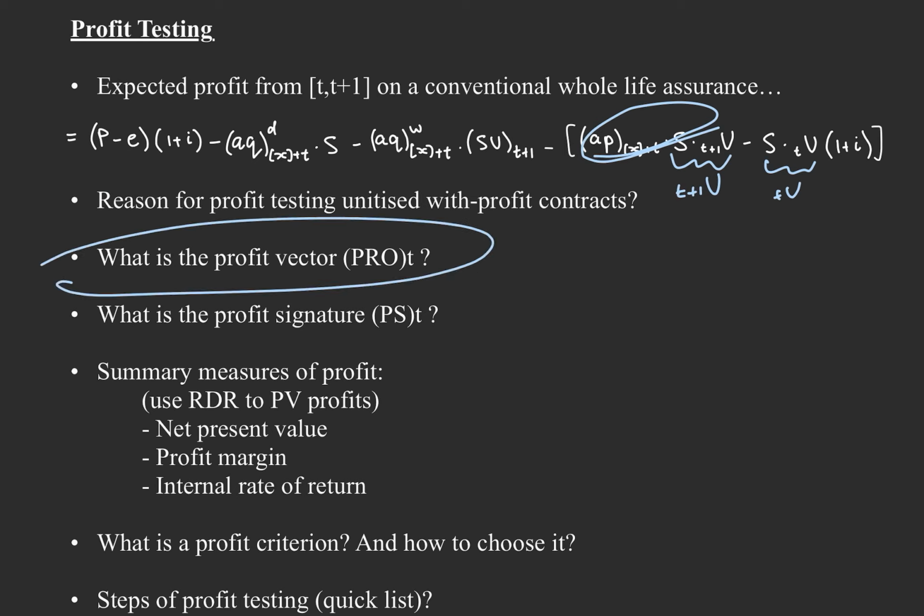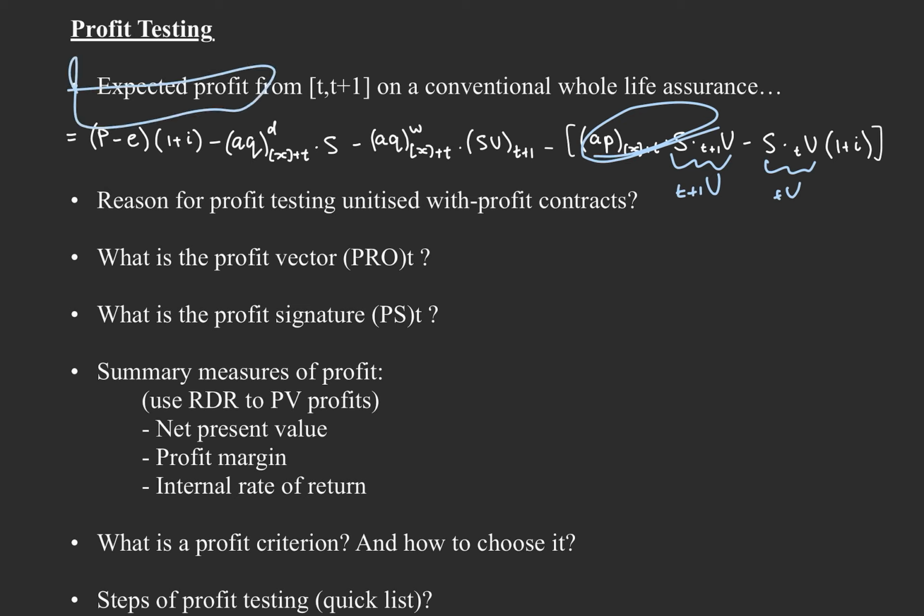Okay, so what is the profit vector? So the profit vector is the vector of balancing items in the projected revenue accounts for each policy year. So it's the expected profit at the end of each policy year per policy in force at the beginning of that policy year. This is the same way that I described this expected profit here. I described it as being the profit from a policy within a given year at the end of that year in terms of the time value of money, but per policy in force at the beginning of the year.